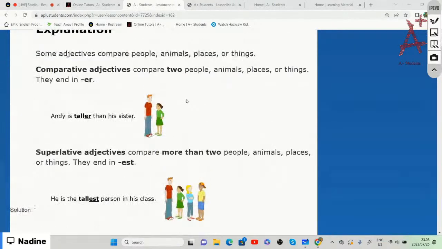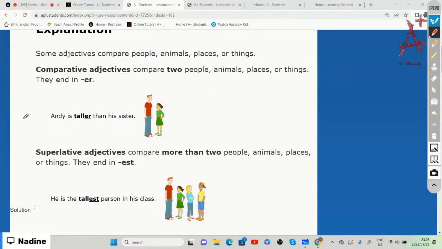But now we also have superlative adjectives. Superlative adjectives compare more than two people, animals, places, or things. Which means that superlative adjectives compare someone to the whole class, for example.